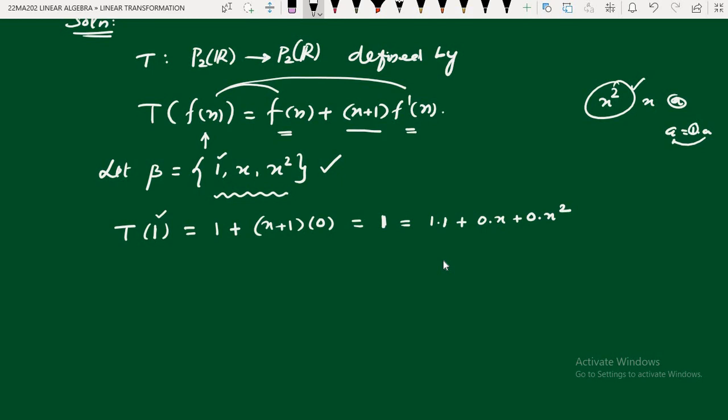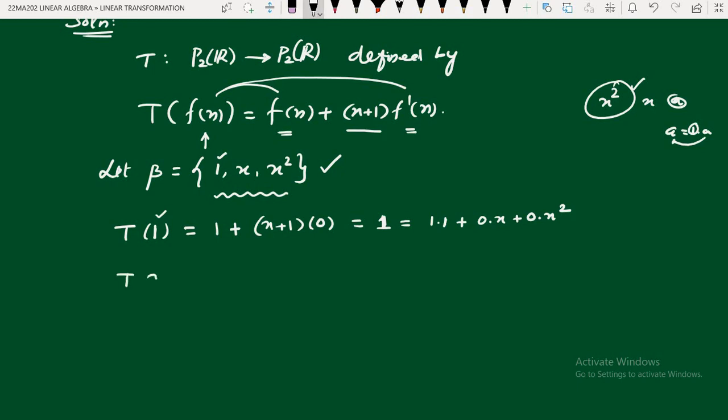So we need to express this element as a linear combination of 1, x, x square, and the value should not change. So see here, if we calculate this expression, we get the answer 1. So 1 into 1, and the remaining coefficients of x and x square we can take as 0. This is the way you have to write a linear combination for this.